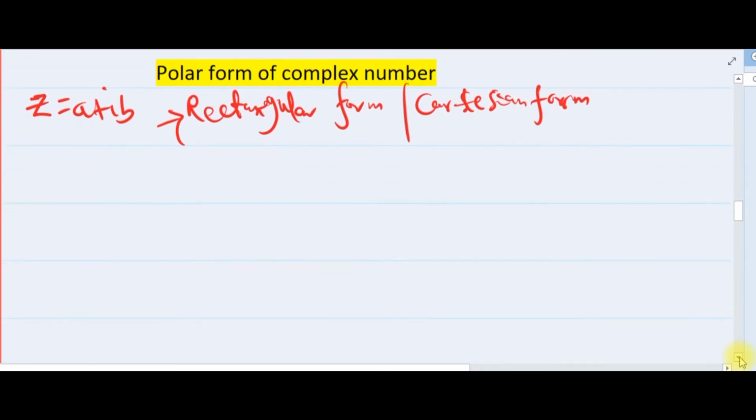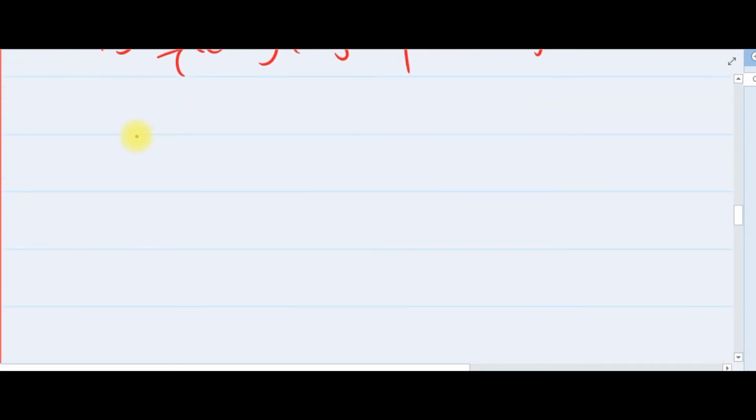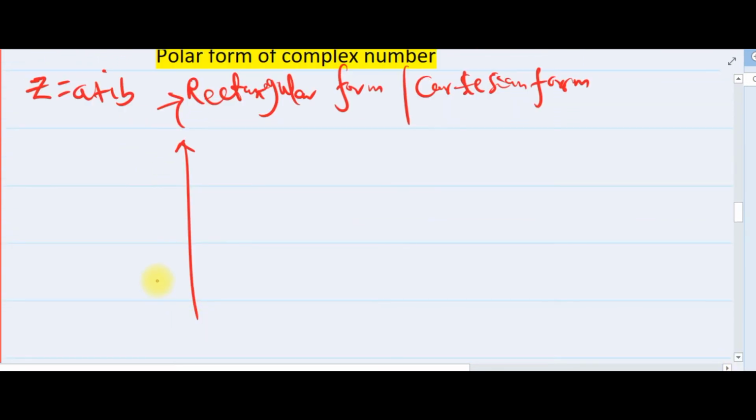So let's use our Argand diagram to do that. If you have this as our real part and this as our imaginary part, assuming this is the complex number z equals a plus ib, this is our a and this is our b.